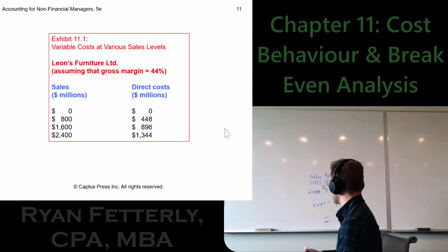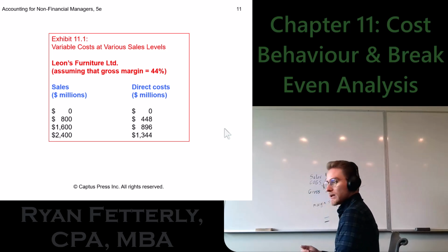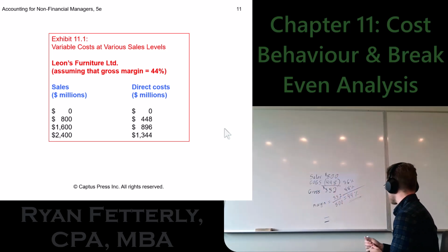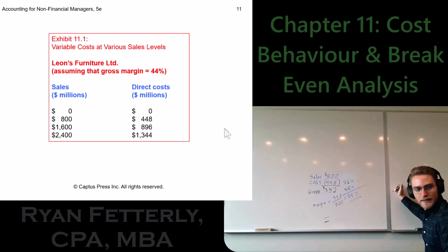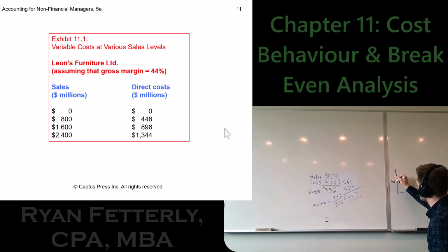So when we try to map this out, I just have to make sure you're able to see this, it would look as follows. This would be your sales, and this would be your variable cost down here.